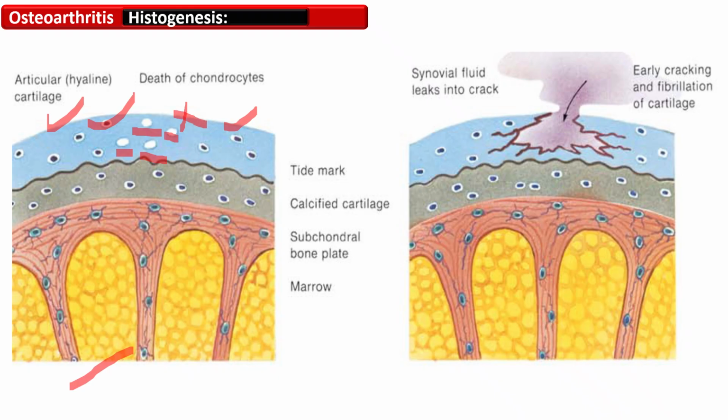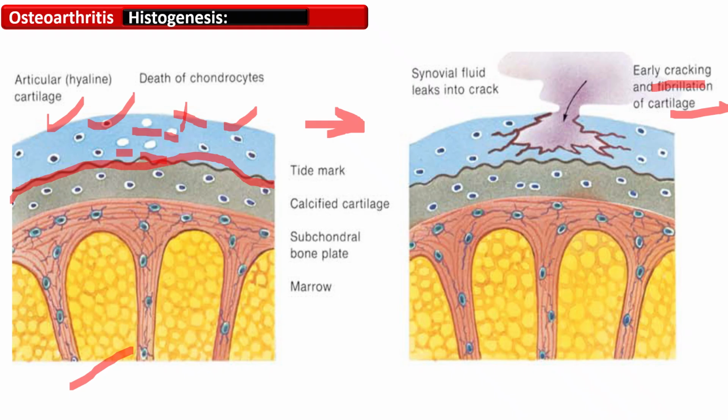The process can be arrested at this stage for several years, and all this is happening above the tide mark. But as the predisposing factors are there, it can lead to the next step, which is the formation of early cracking and fibrillation of the cartilage.